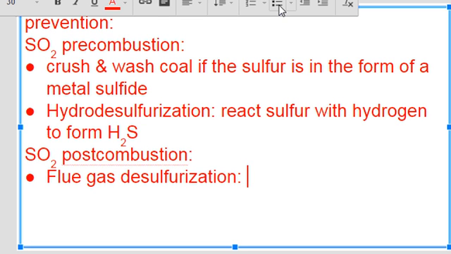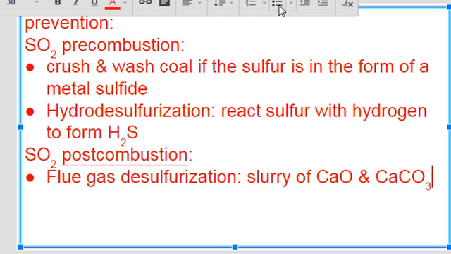And so what they do is take the sulfur out of the gas as it's moving up the smokestack. What they usually use for that is a slurry of some calcium oxide and calcium carbonate, because as you remember, the sulfur can bump off the oxygen or the carbonate, and then that will remove the sulfur from the air and release less harmful things in its place.